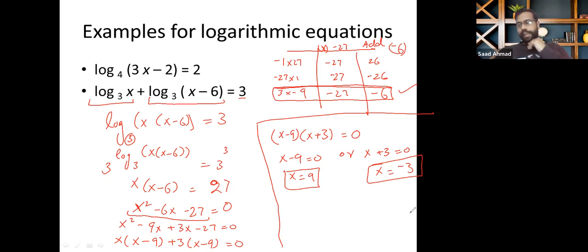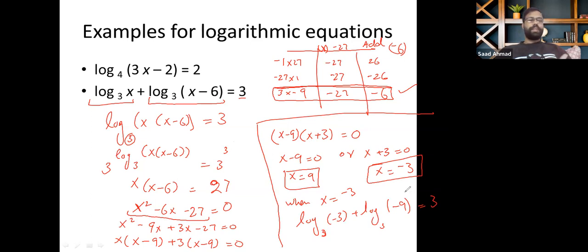Let's say in this question, x equals negative 3. Let's say I plug it in. When x is equal to negative 3, I get log base 3 of negative 3 minus 6, which will become minus 9.